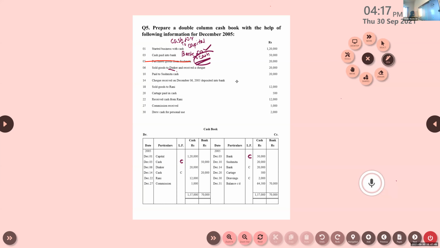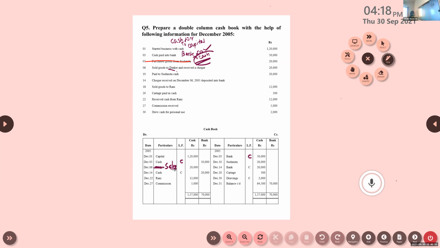But it should be sales. It is not Dinker. Make it sales. Have you written sales or Dinker? Yes? What is your answer? Sales. It is sales. It is not Dinker.